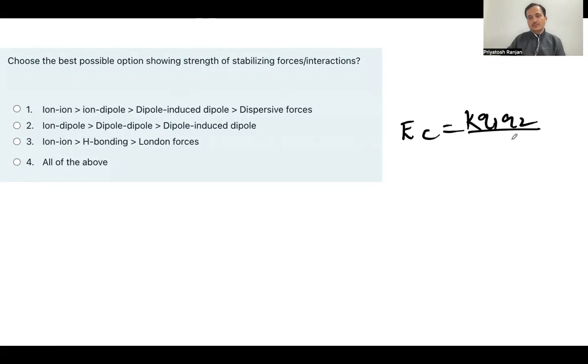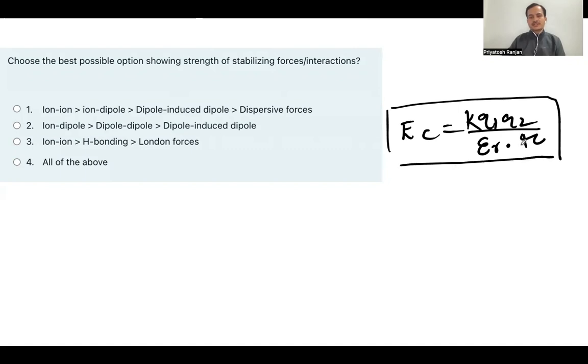You have Coulomb's constant, which is denoted by K, which is equal to 1 by 4 pi epsilon 0. So EC, the electrostatic potential energy, is equal to K Q1 Q2 by epsilon R, where R is the distance between them. Epsilon is the dielectric constant. So this is the general formula for two point charges, the electrostatic or ion-ion interactions.